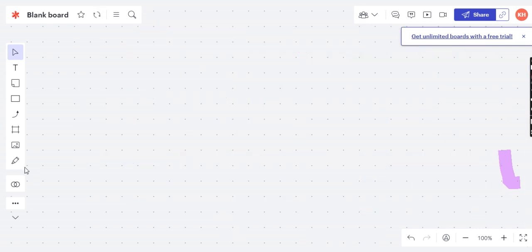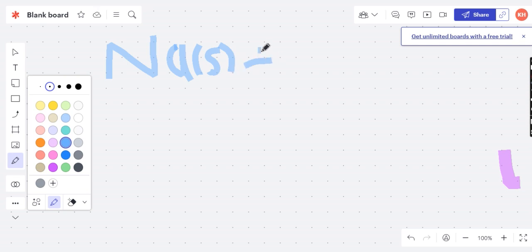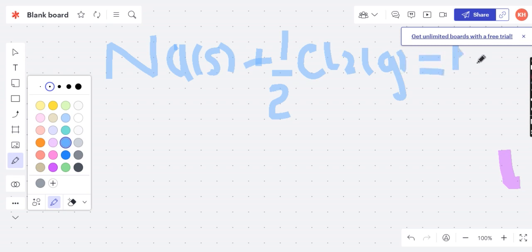For example, if I talk about Na solid plus 1/2 Cl2 gaseous equals NaCl, remember one thing, this is entirely different.